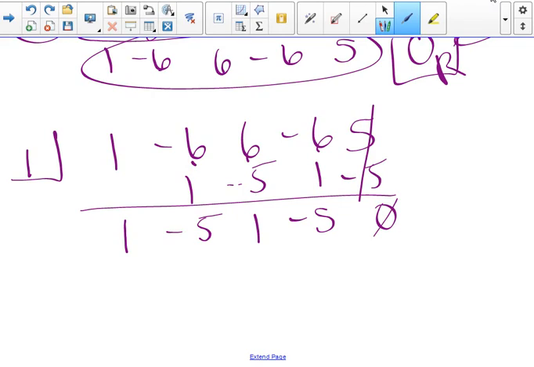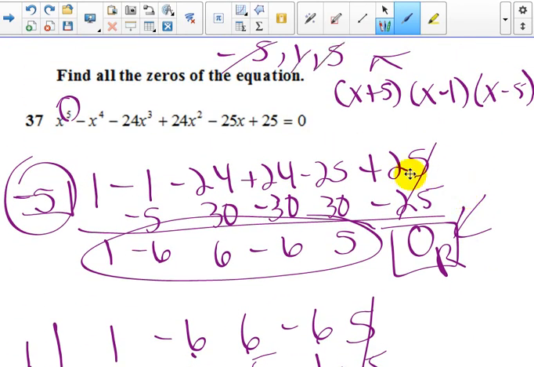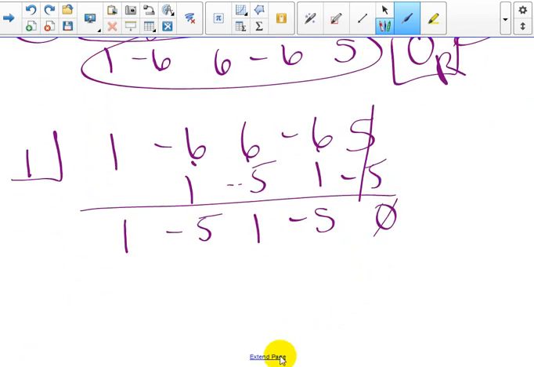Now we're going to take out the next 0, which is our 5.